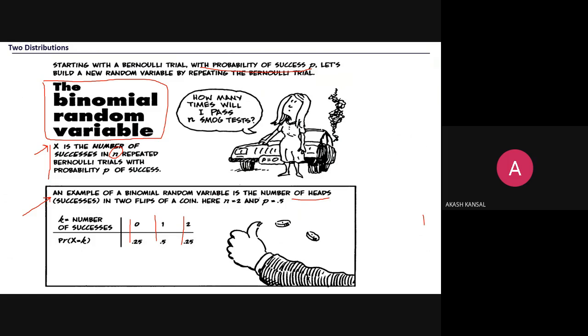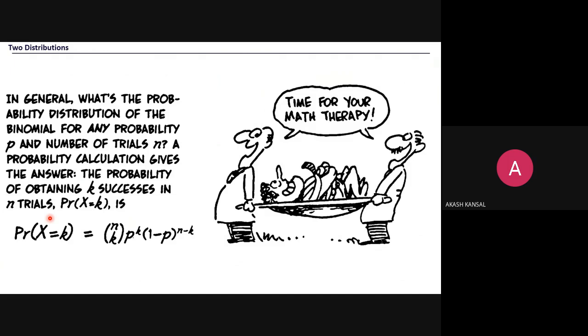Let's see, is there a way to calculate the probabilities using mathematical things that we have studied already, basically permutations. So in general, the probability distribution of binomial for any probability p, right?